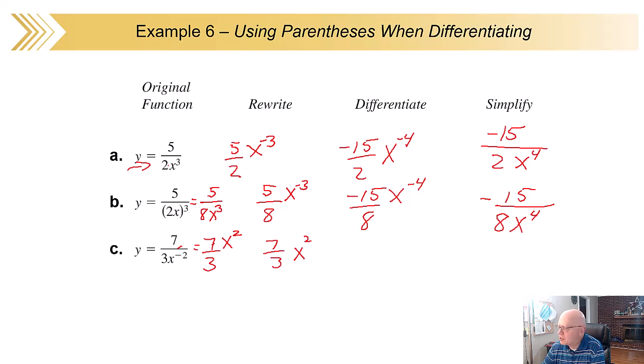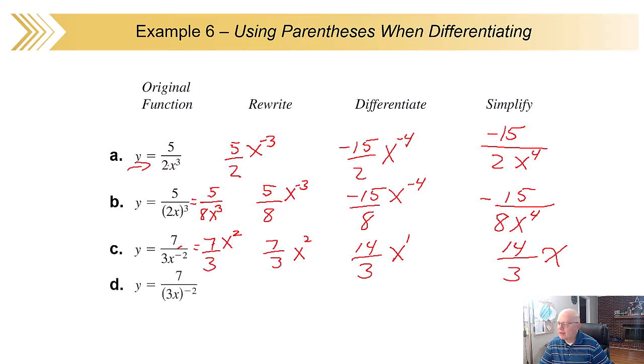Now we'll differentiate. Bring that 2 out front. 2 times this is 14/3. X to what power? Subtract 1 from the 2, and you've got a 1. Simplify that, 14/3 x. And there's your derivative. Next.